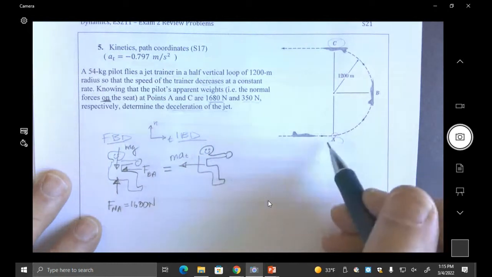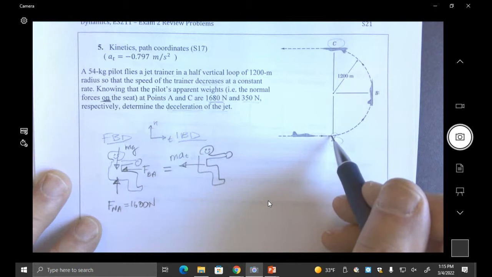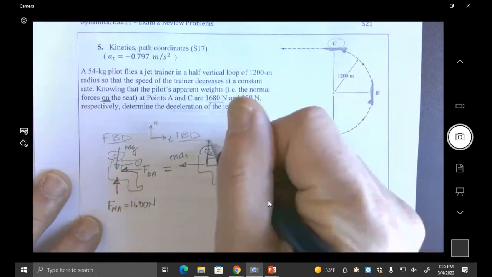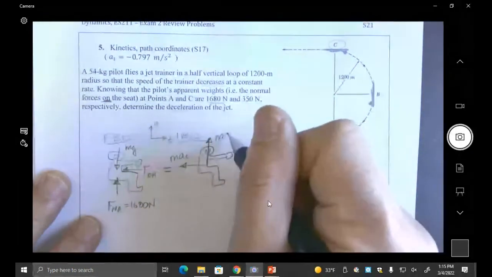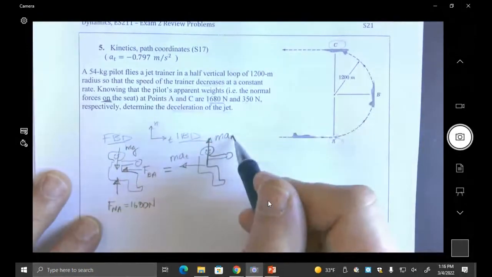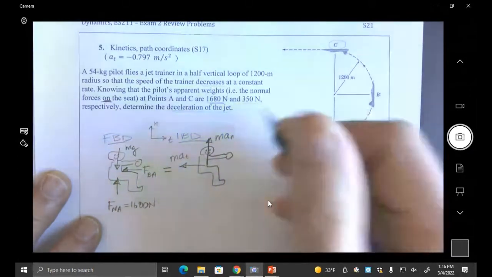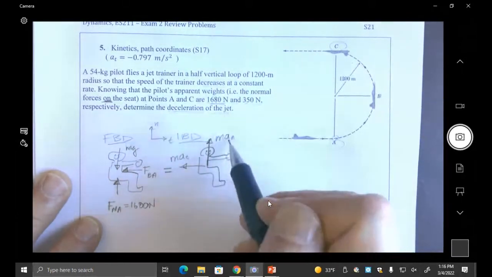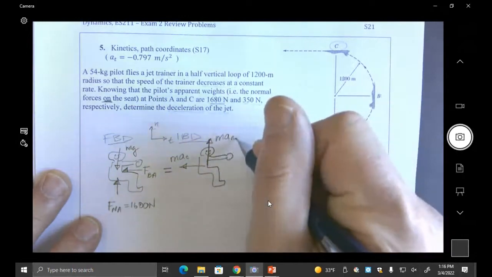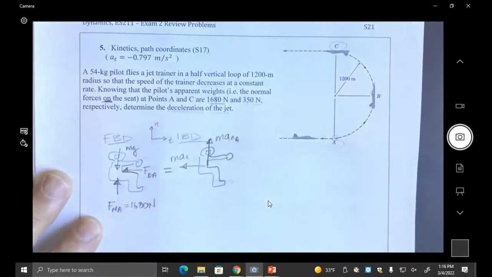Sometimes you might have to make that little decision. Are we talking about right before A or right after A? We're going to say right after A, so that he's in the curved part. And therefore, he's going to have a normal acceleration. And I believe this is going to be a different normal here than it's going to be up here, right? Because they already told us there's a different force. So I'm anticipating it's a different normal acceleration. So we're going to go a_nA right there, just to make it clear.